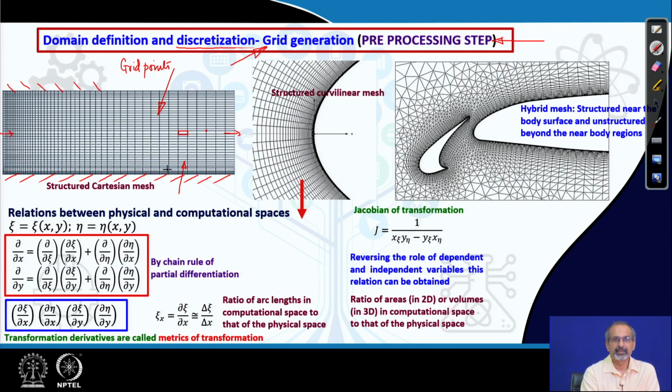You can even think about algebraic techniques by which you can distribute the points, and that can be called algebraic grid generation.